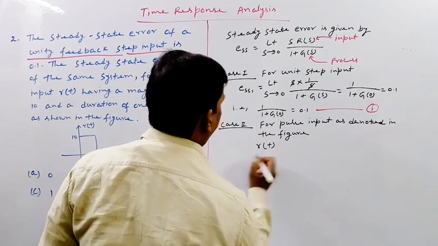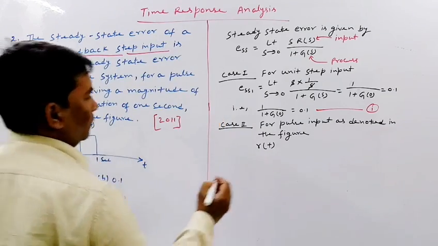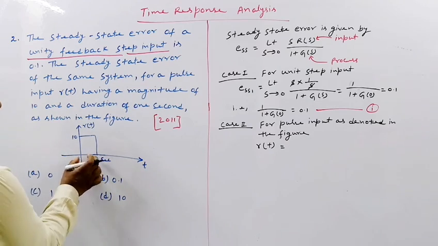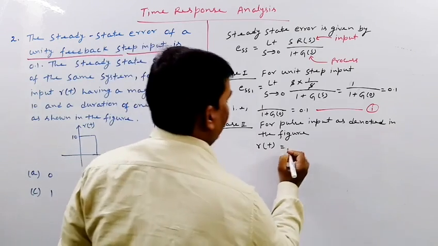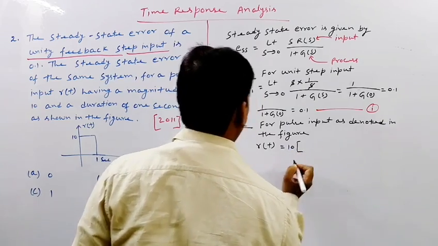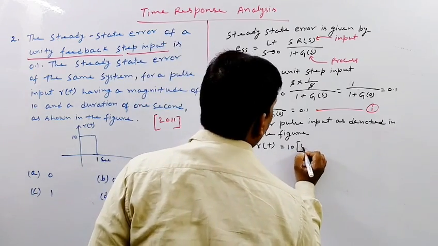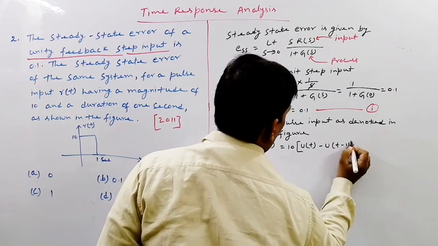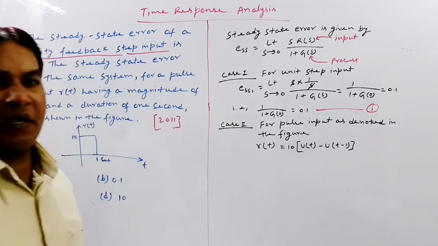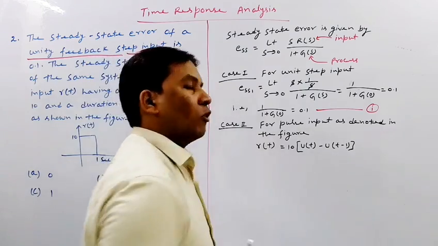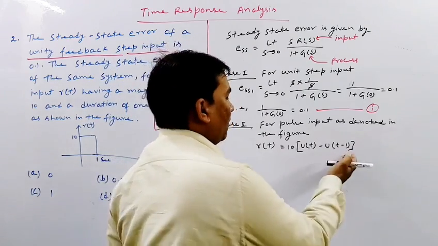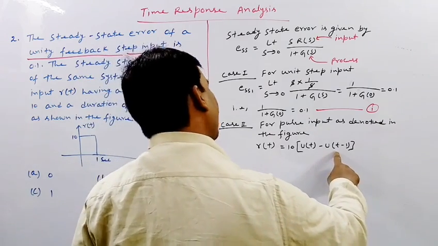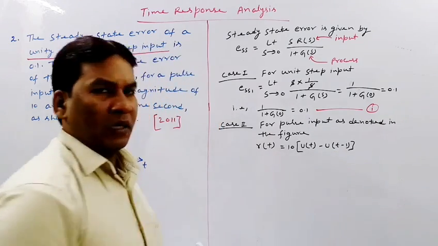The formula for this pulse input will be r(t) equal to nothing but the amplitude is 10 and its duration is 1 second. So it will be 10 multiplied by u(t) minus u(t minus 1), where u(t) is the unit step function and u(t minus 1) is also a unit step function, but it is delayed by 1 second.